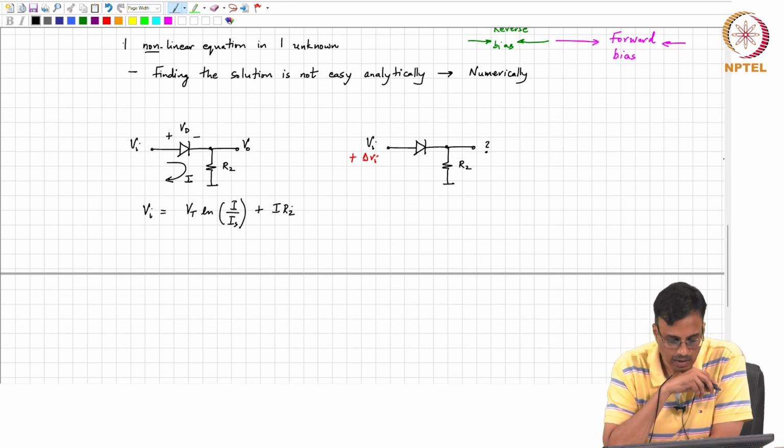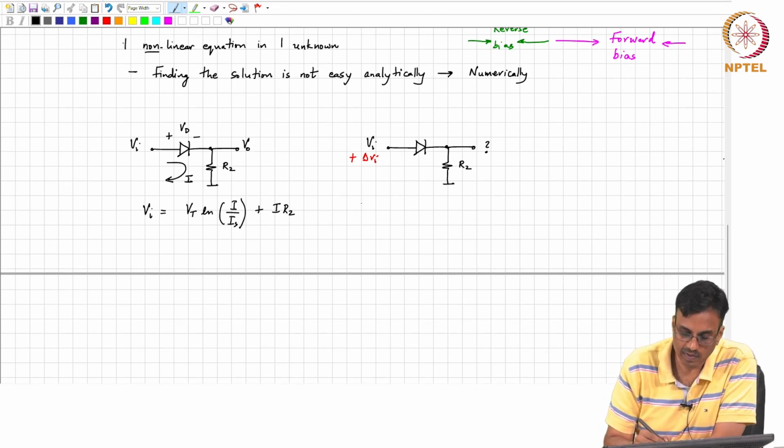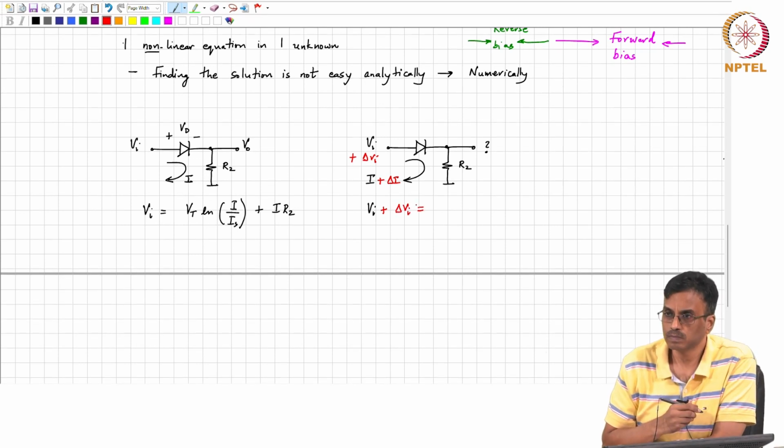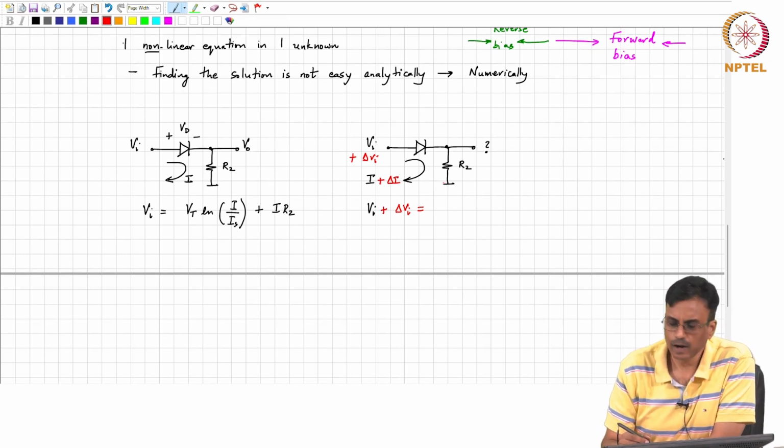Okay. In the circuit on the right, what do we see? We do not know what the current will be. So the current is I, it is going to change from before to I plus delta I, and therefore Vi plus delta Vi must be equal to the diode voltage plus the drop across the resistor. What is the diode voltage?